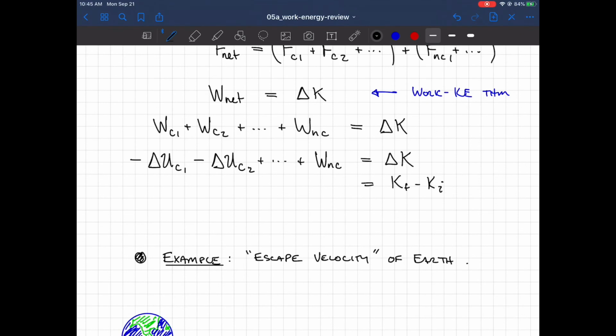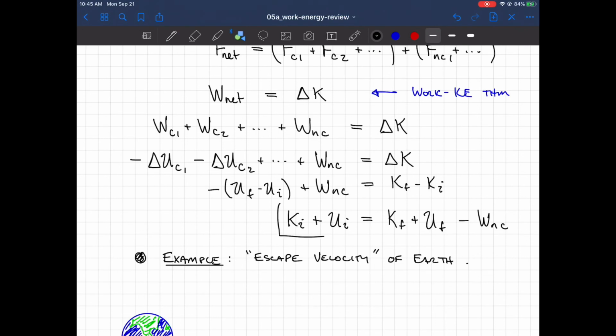And this thing is, let's just group all the conservative forces into one. So this is minus U final minus U initial. And then we have work non-conservative. And if we just group initials together, then we get kinetic initial plus potential initial is equal to kinetic final plus potential final, and then we have a minus the work done by the non-conservative forces. So this is a statement of energy conservation, which, as you see, comes from conservative forces and the work-kinetic energy theorem.